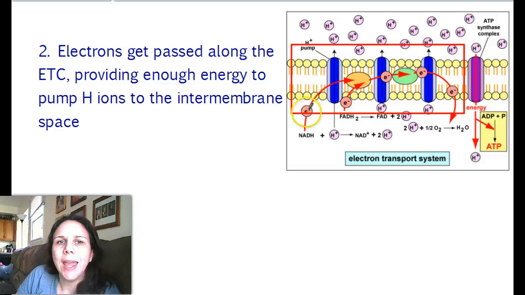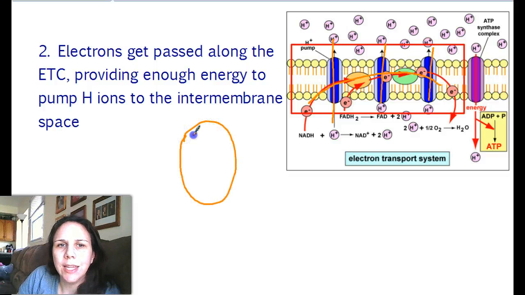Okay, as the electrons are being passed through, like I just mentioned, that provides energy to shove hydrogen ions through to the other side. The other side is the space in between. So if here's my mitochondria, remember the Krebs cycle was going on here, so now we are, let me change colors, now we are here. So where are all those hydrogens going? In here.